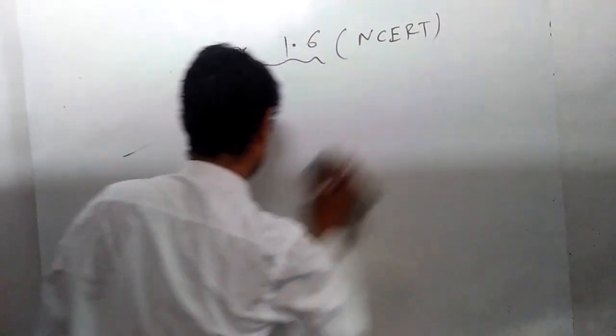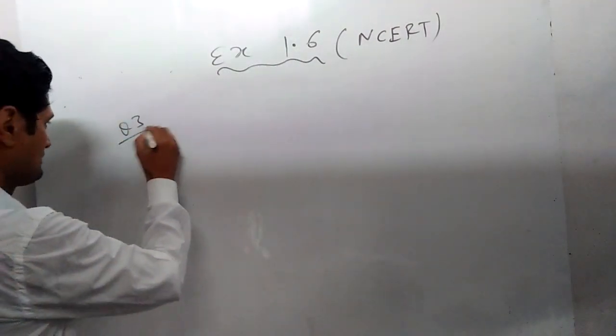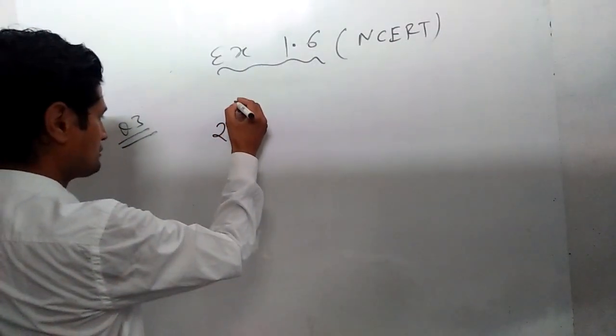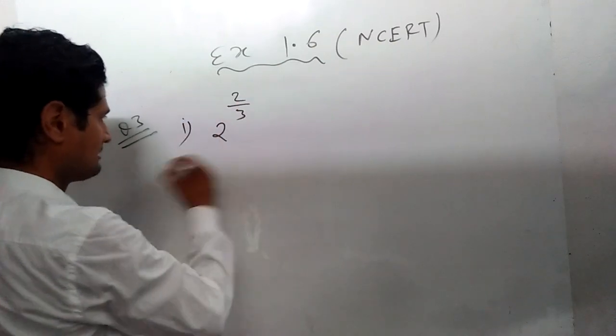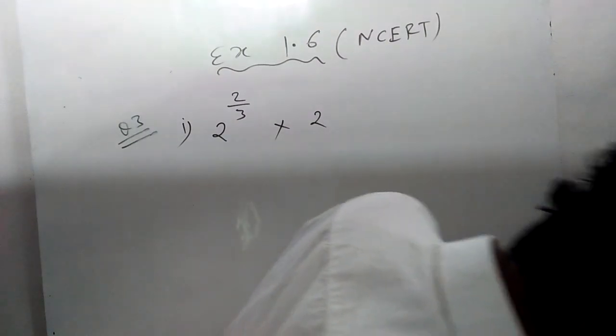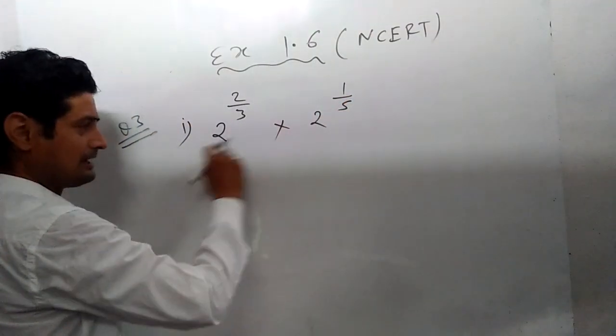Now, question number 3: 2 to the power 2 by 3 into 2 to the power 1 by 5. Here the base is the same.